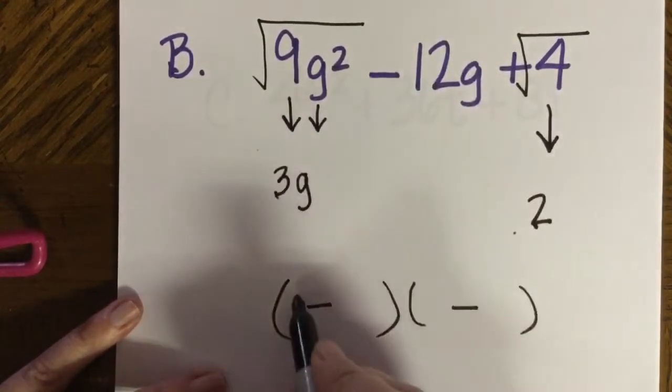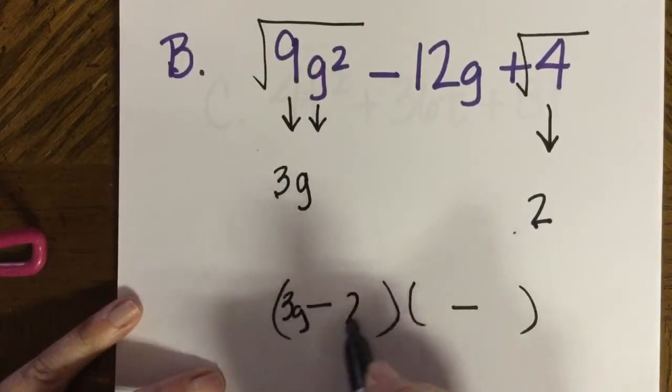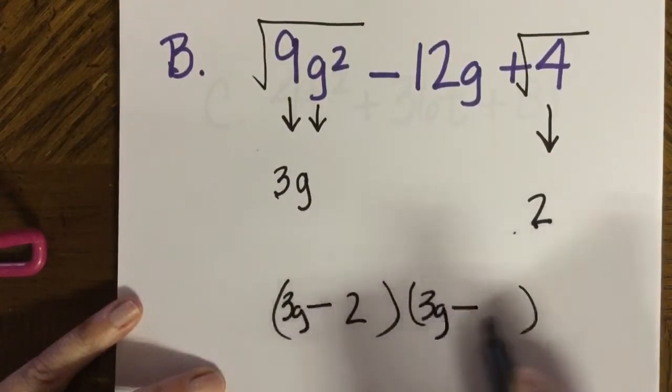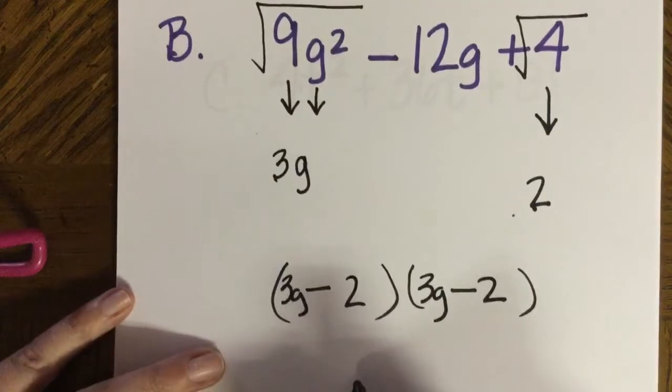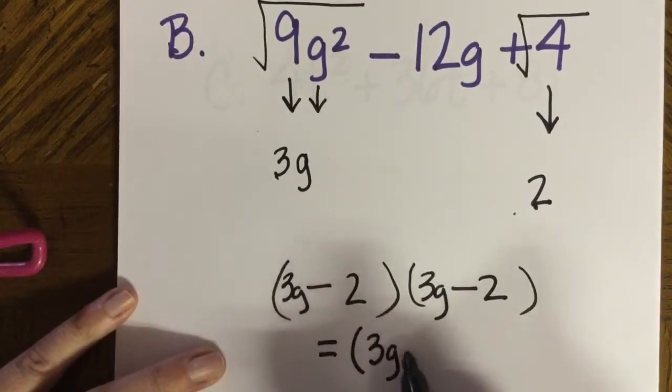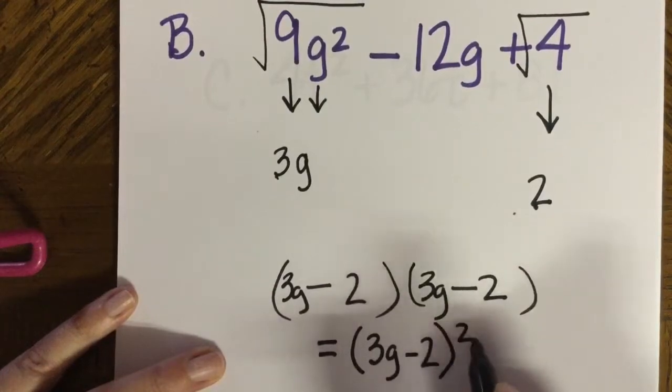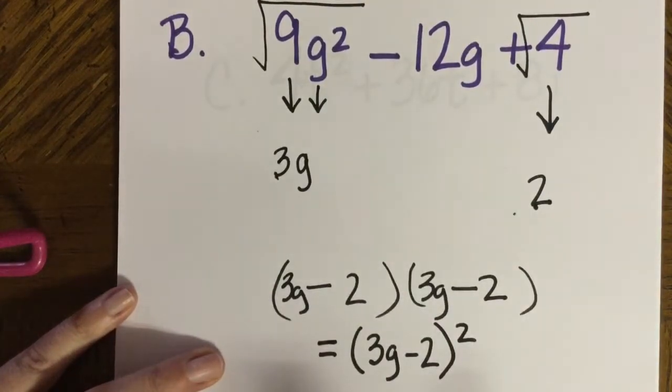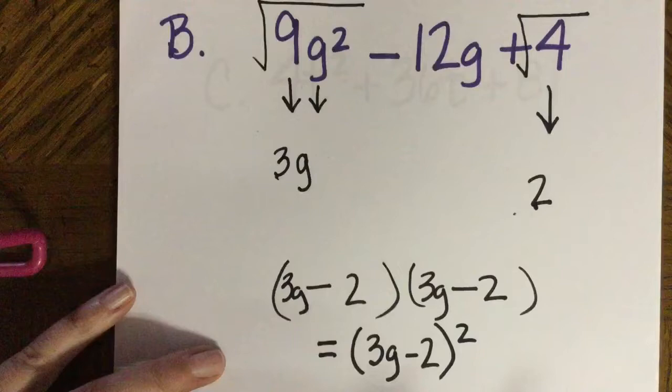That fits our pattern. So I have 3g minus 2 times the quantity 3g minus 2, which again, when we simplify that, we write it as 3g minus 2, the entire quantity squared. Okay, let's look at the next one.